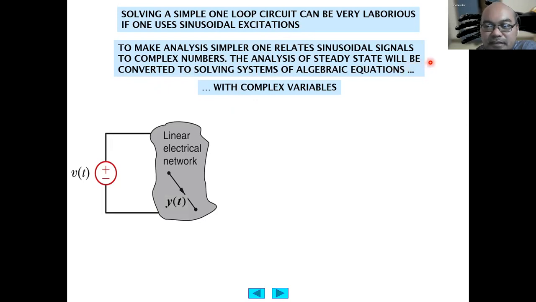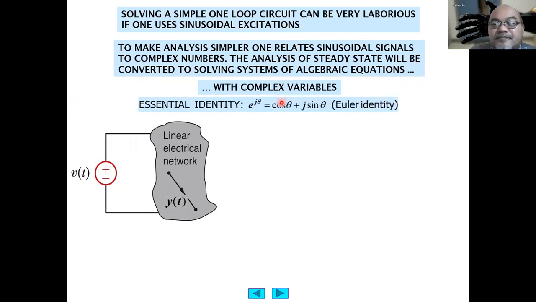Then the analysis of steady state is converted to solving a system of algebraic equations with complex variables. So we now re-express the signal, which is originally in sinusoidal or cosinusoidal form, into exponential form, into complex numbers, using Euler's identity. Exponent j theta equals cosine theta plus j sin theta.